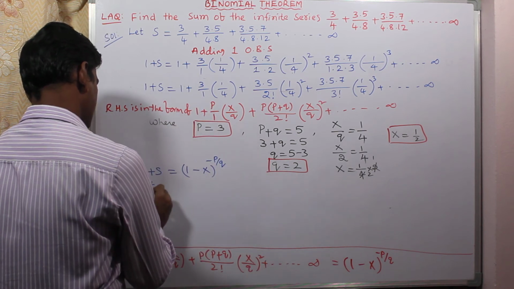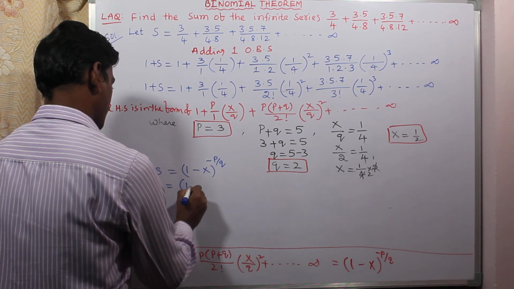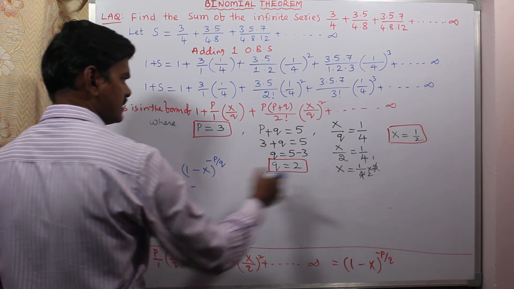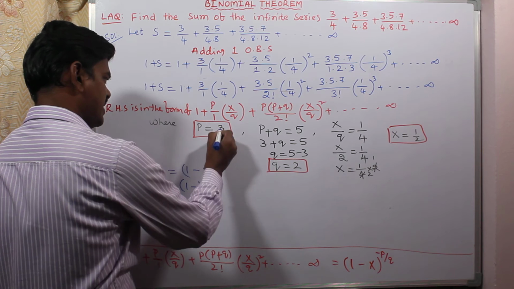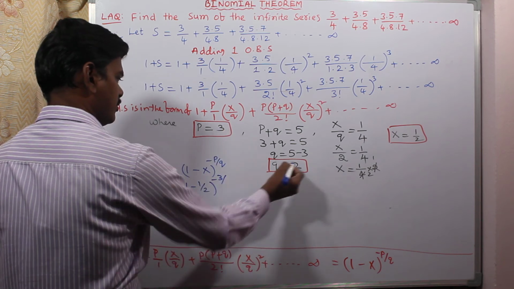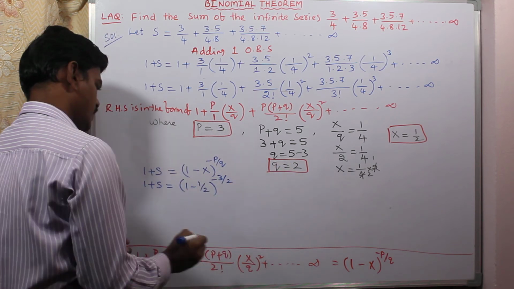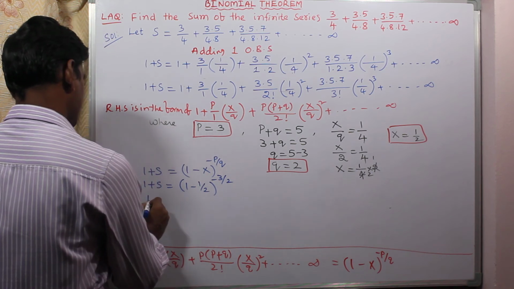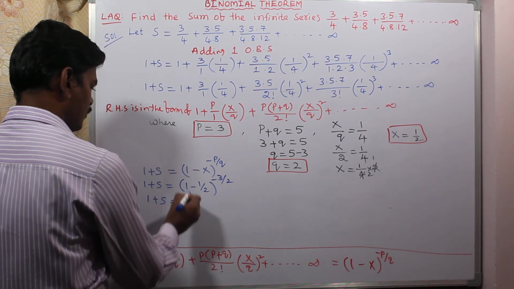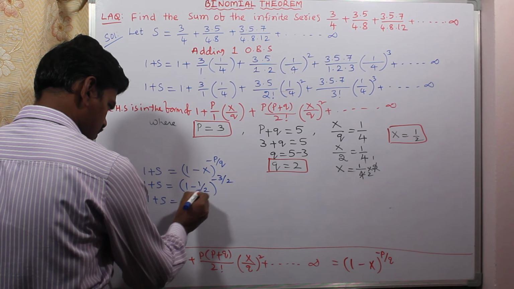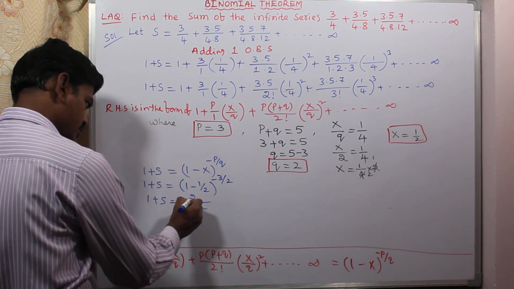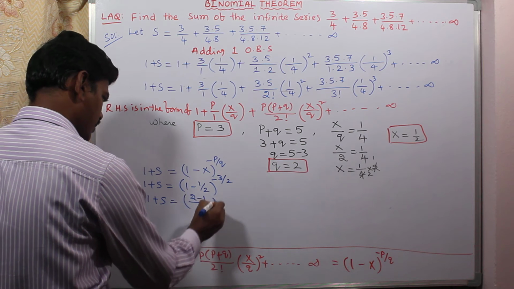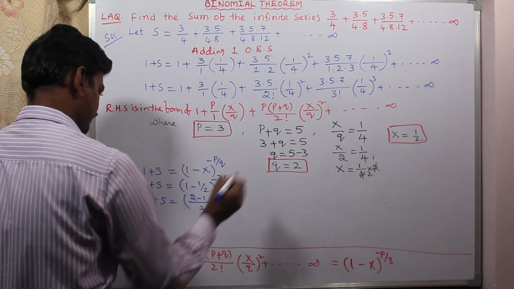So 1 plus s is equal to 1 minus, substitute capital X value 1 by 2 whole power minus p value 3, q value 2. So 1 plus s is equal to 1 minus 1 by 2, we get 2 as the LCM, just like cross multiplication, 2 minus 1 whole power minus 3 by 2.